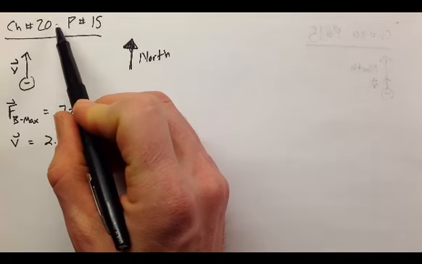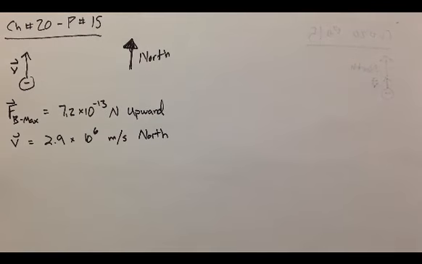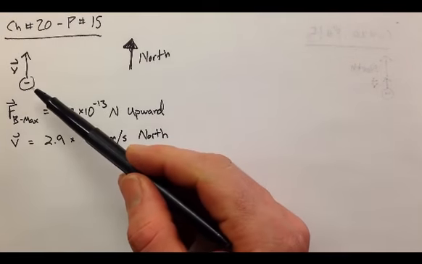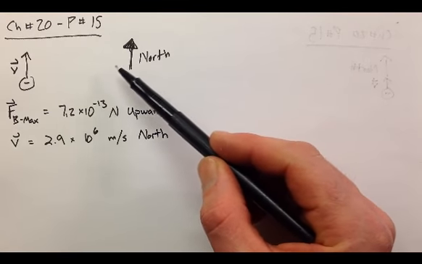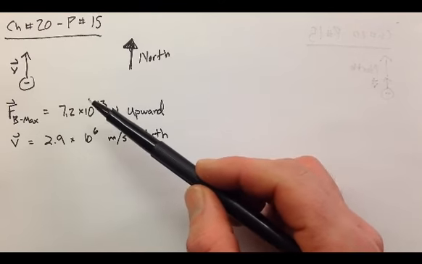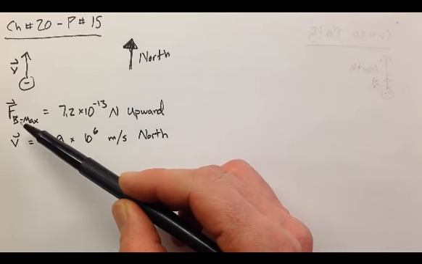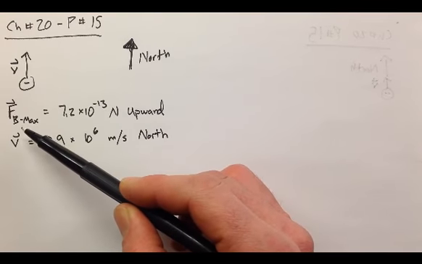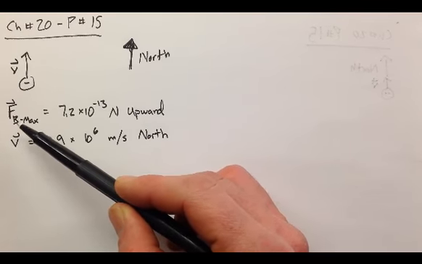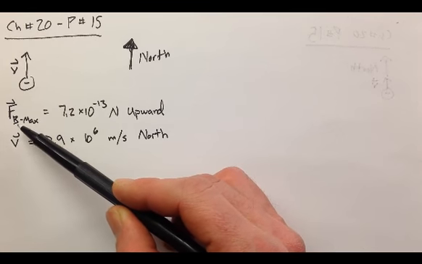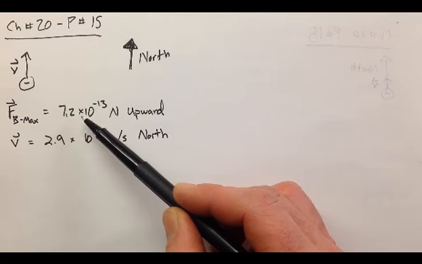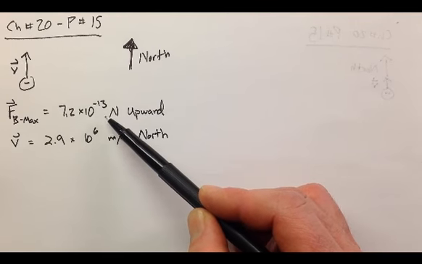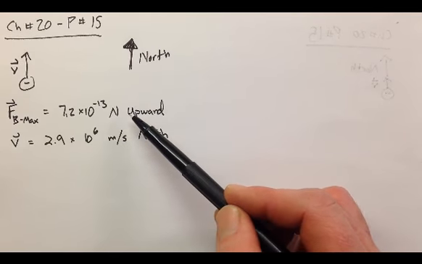From chapter 20, problem 15, we have an electron moving northward. I always want to find a good coordinate system. We're told that the maximum force exerted on this electron in a magnetic field is 7.2 times 10 to the minus 13th newtons upward.